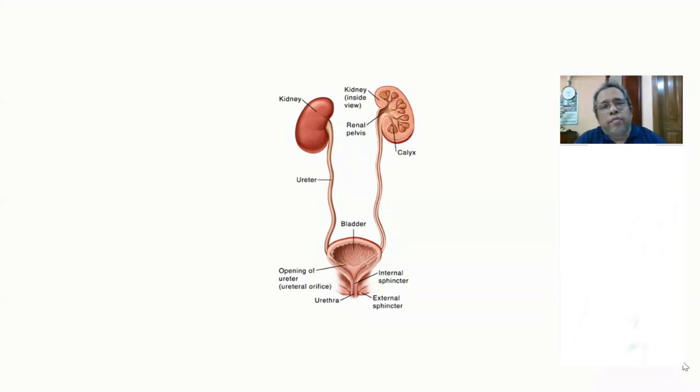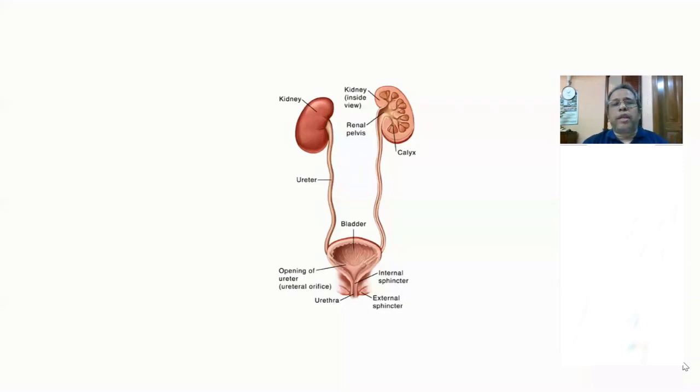The kidney's main function is to filter the blood and blood products, excrete the waste products, and expel them to the exterior to save the life. So it is an essential organ for survival.